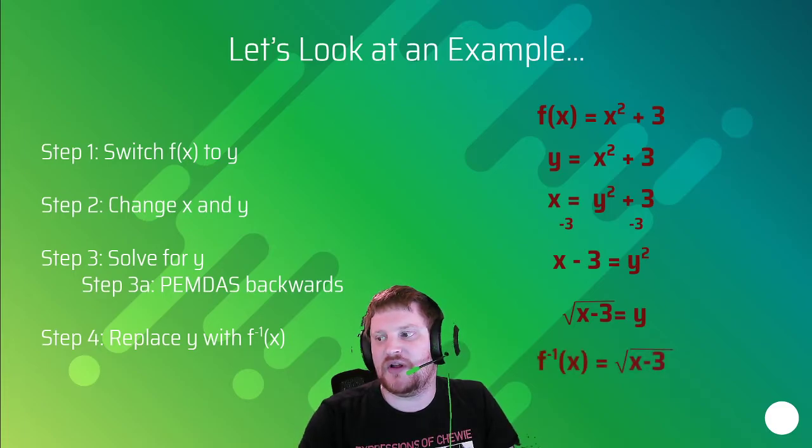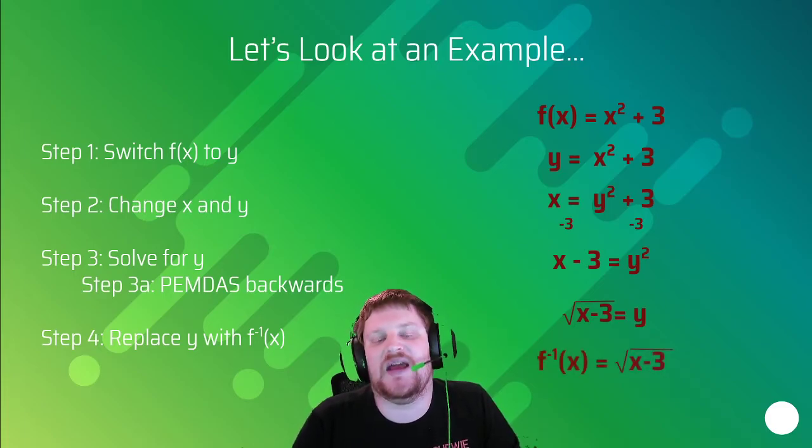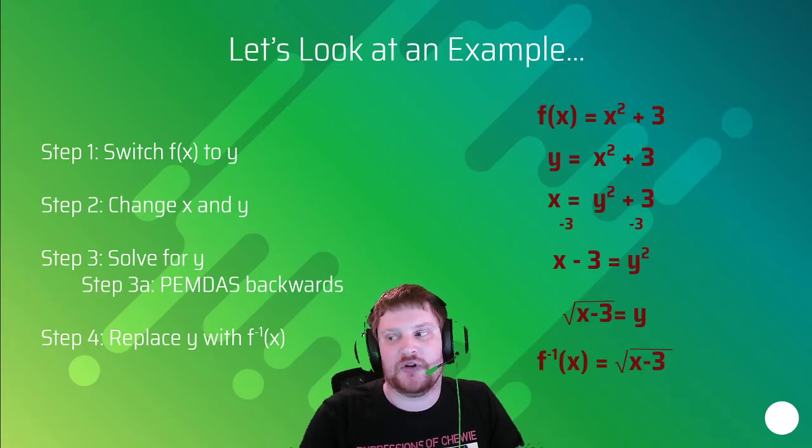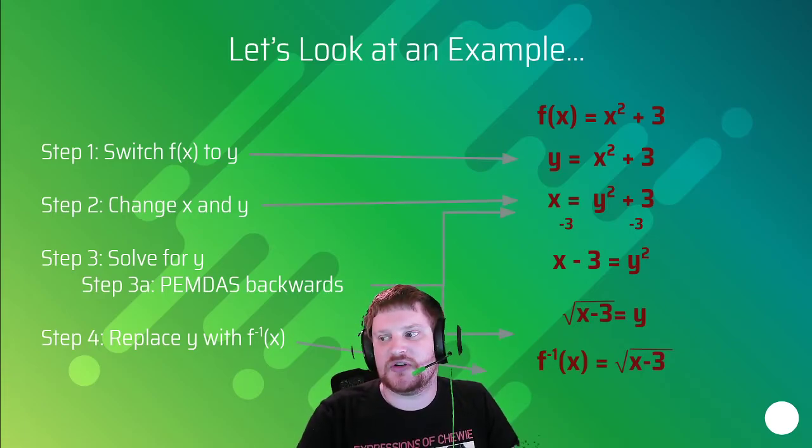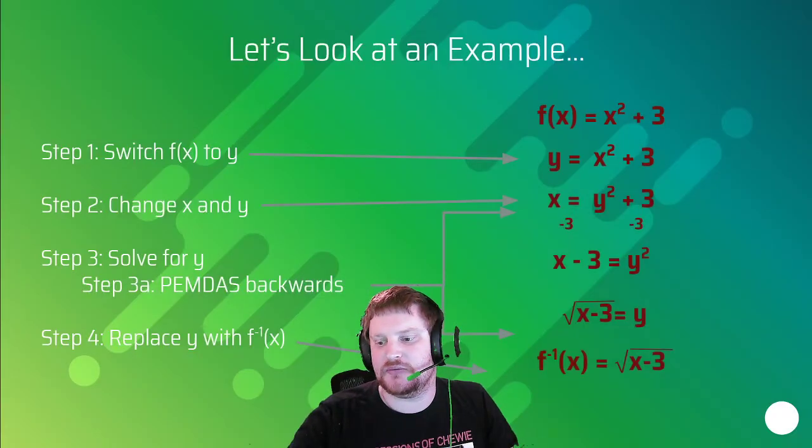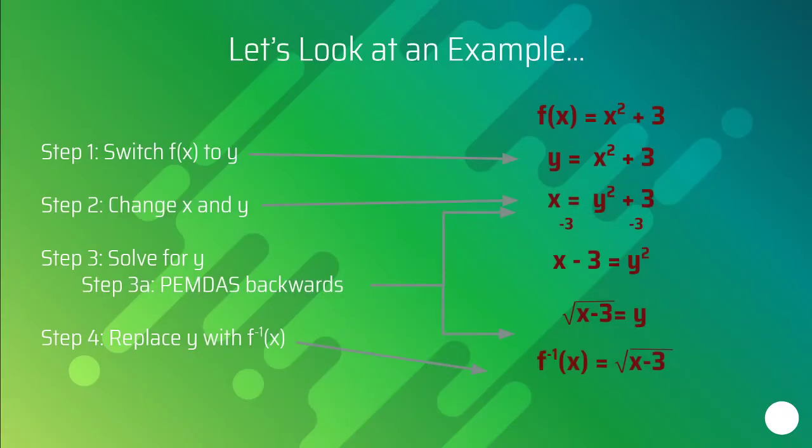Finally, when we replace y with f inverse of x, we get f inverse of x equals the square root of x minus 3. That's really all there is to it. Just make sure you follow all 4 steps. And as you follow them, make sure that you are doing PEMDAS backwards and not forwards.